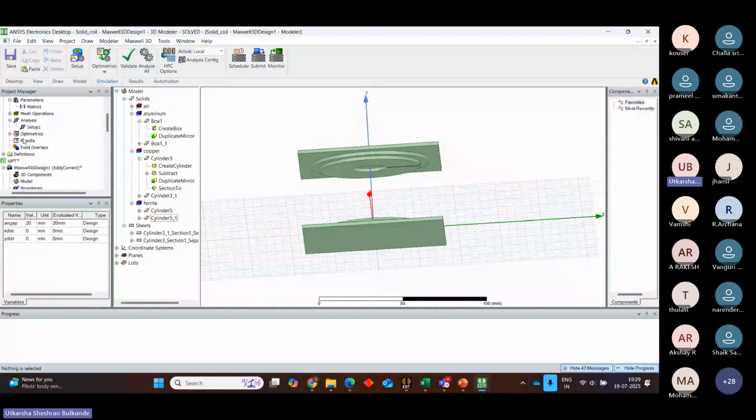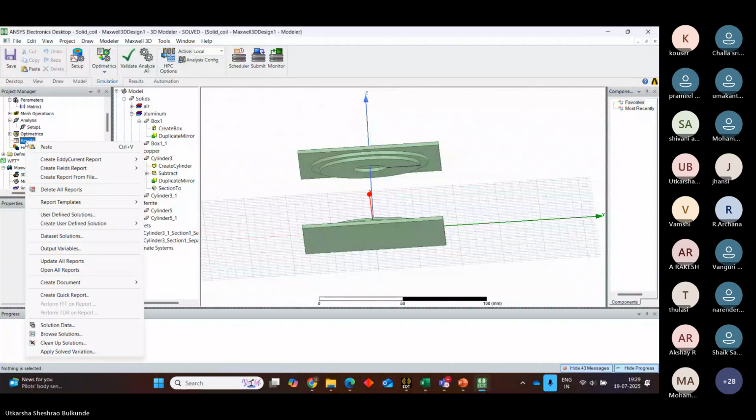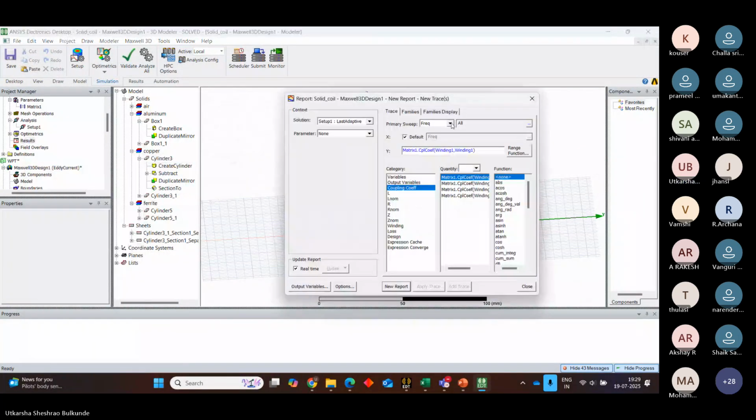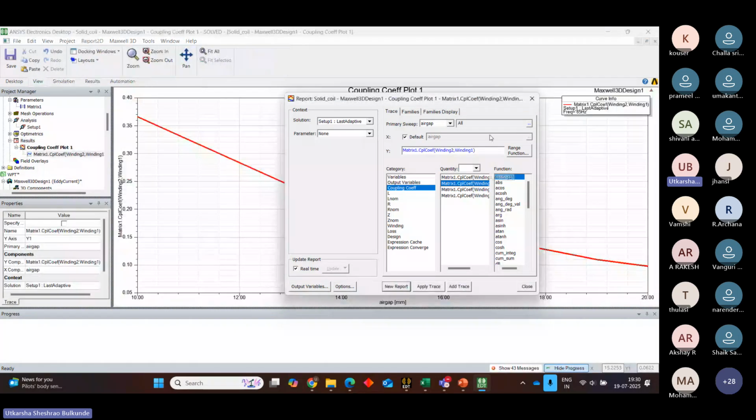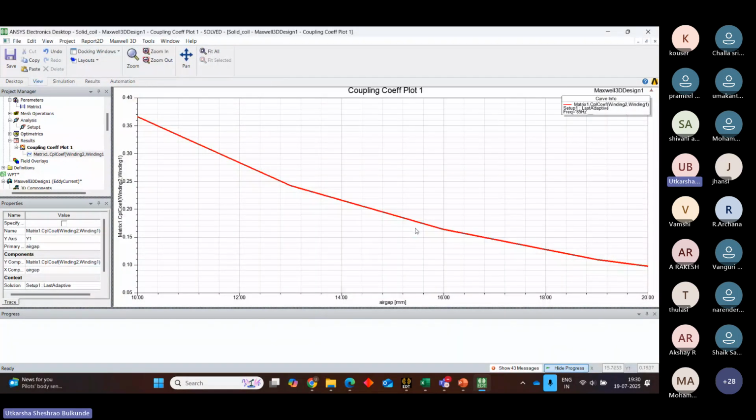So let's analyze your coupling coefficient. We will see the coupling coefficient for winding 1 and 2, which is your Tx and Rx. Can you see how your coupling coefficient is varying with respect to air gap?